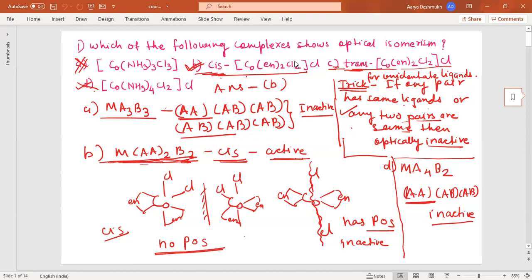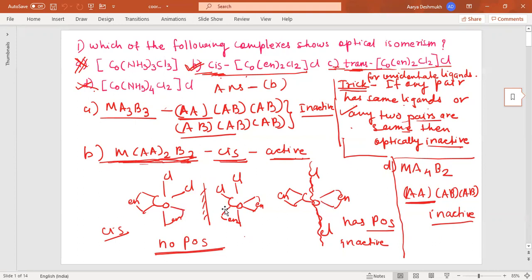Now let us go to the second option, the cis isomer and the trans. So out of these two, which one will be optically active? This is the type of complex for B, that is M(AA)2B2. For this one, the cis isomer is optically active and the trans is optically inactive.